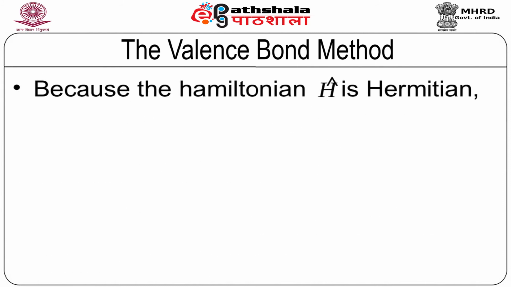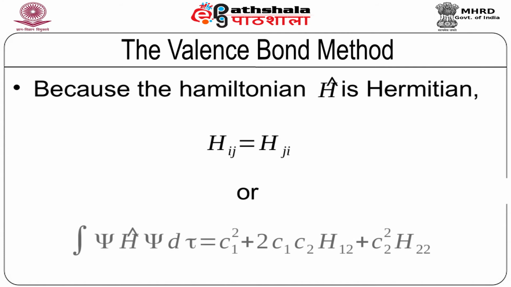Because the Hamiltonian H is Hermitian, Hij equals Hji, or the integral of phi h phi d tau equals C1 square H11 plus 2 C1 C2 H12 plus C2 square H22.